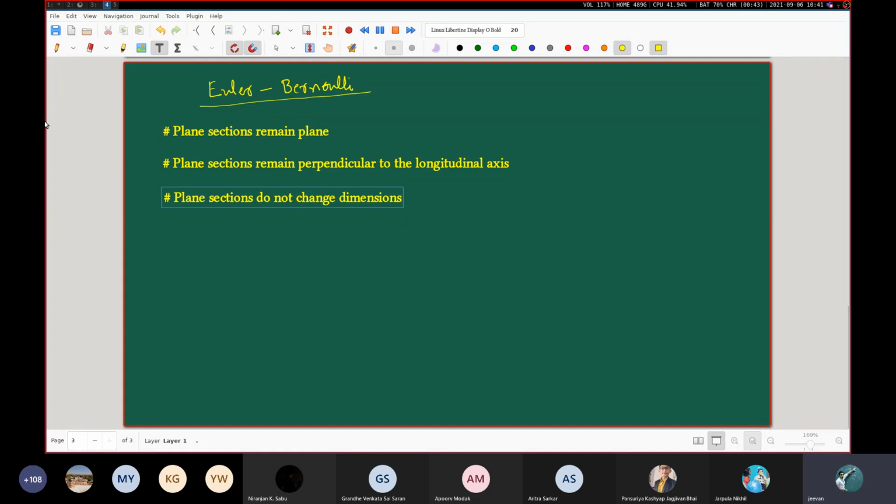So what are we talking about here? Even in your textbooks, you will see that this is explained by taking a beam like this.